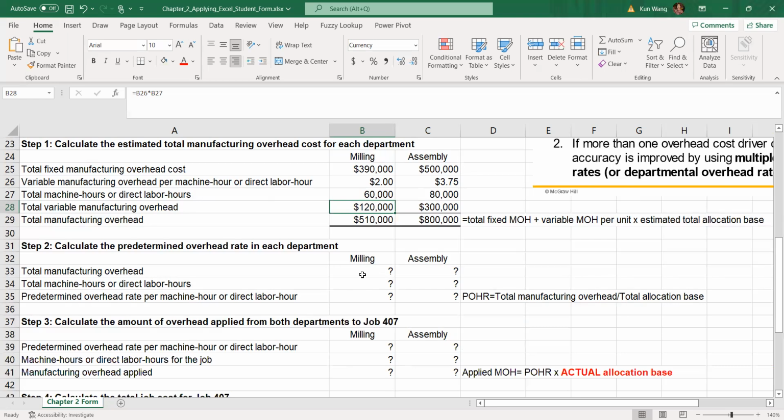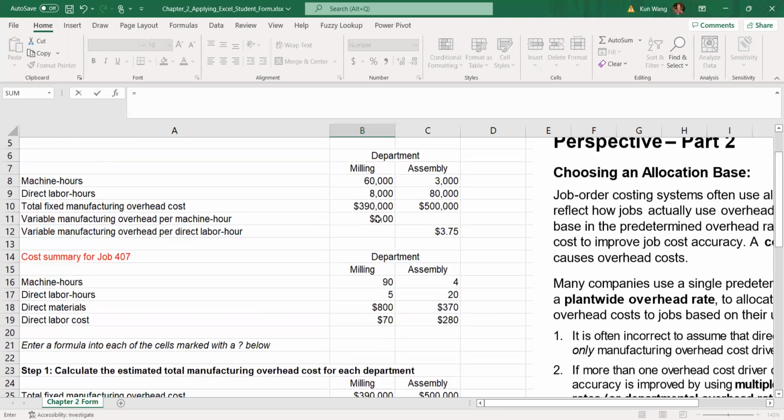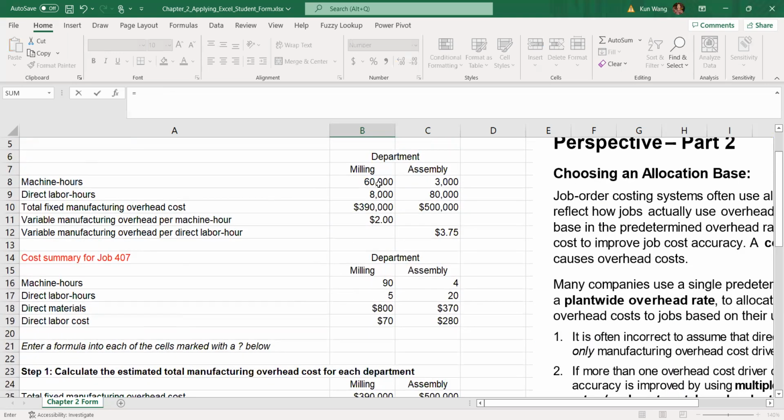So I will do the milling. You can see the total overhead, again just refer to this one we finished. And then this one will be the machinery hours. I can refer to B27 or you can refer to the top, the same, as long as you are referring to the 60,000 machinery hours.